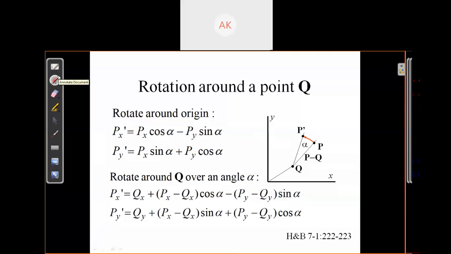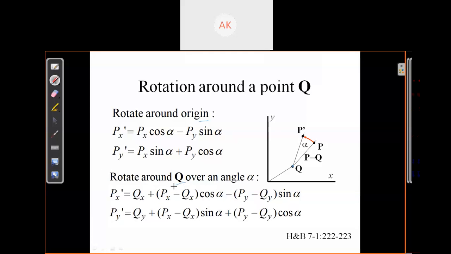This transformation can be described as a rotation by theta about the rotational axis. In this case, Q is the rotational point, and at this point your object is rotating by angle alpha. This equation we write when your rotational point is the origin.